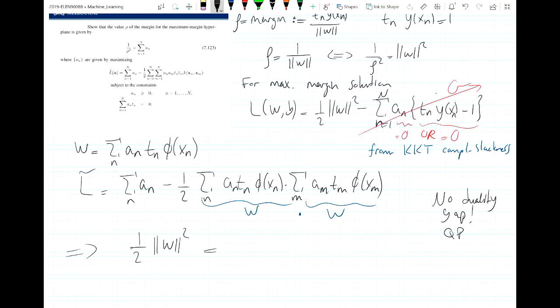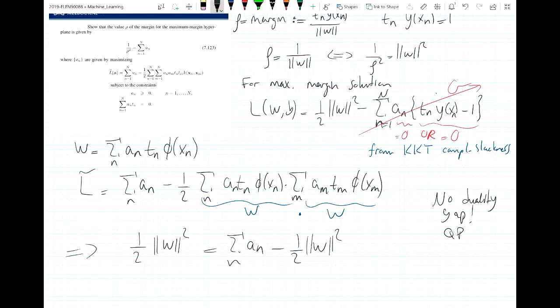So this value equals the sum of a_n minus 1/2. Then if it's the dot product, that is the same as the square. And then I got the 1/2 plus 1/2.